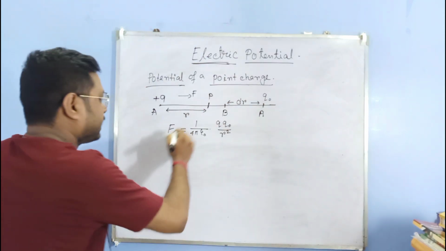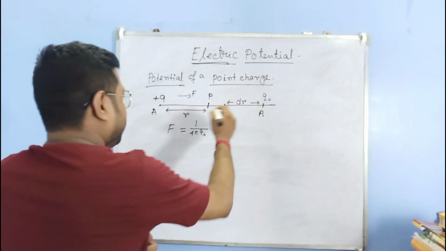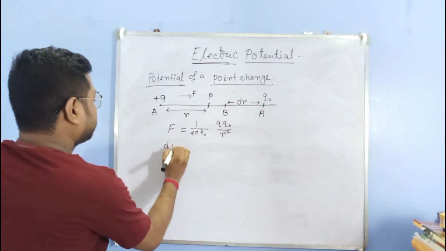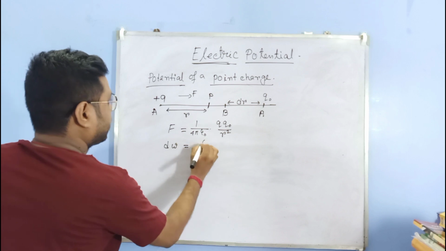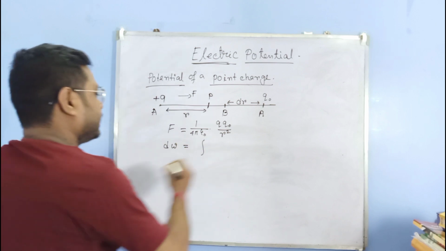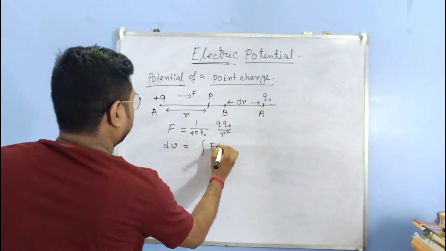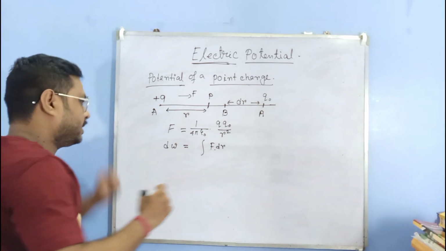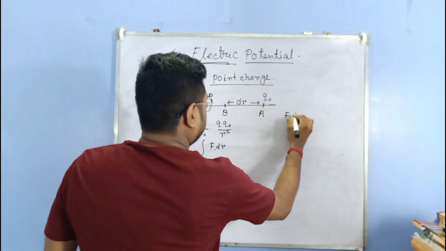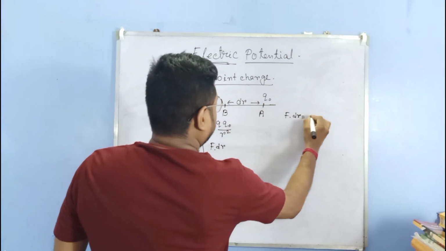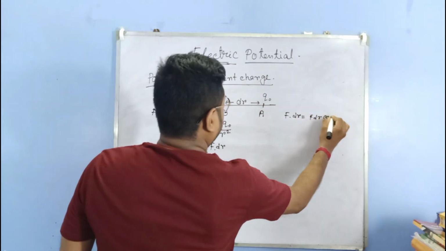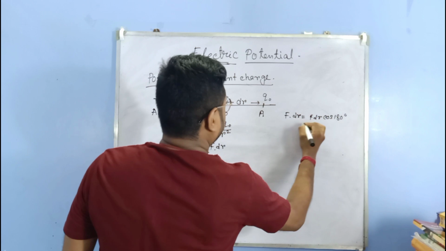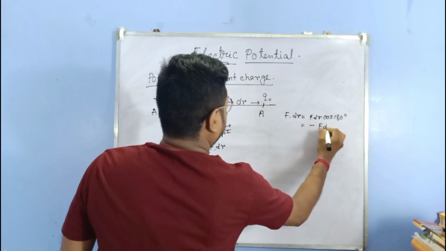We know that the small work done in moving the charge through a distance dr is F dot dr. That is F dr cos 180. Cos 180 means minus 1, that is minus F dr.